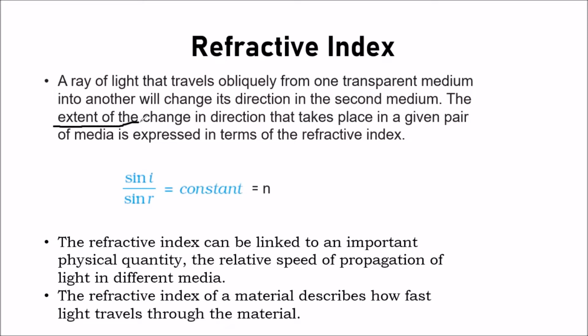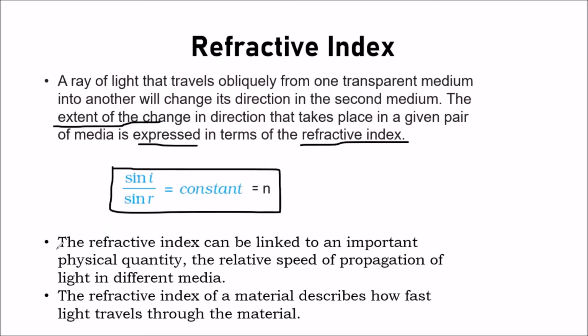The extent of bending, how much the light is bending, is expressed in terms of refractive index. Refractive index can be linked to an important physical quantity, which is the relative speed of propagation of light in different media. Whether the light speed is increasing or decreasing with refractive index, we'll understand that.